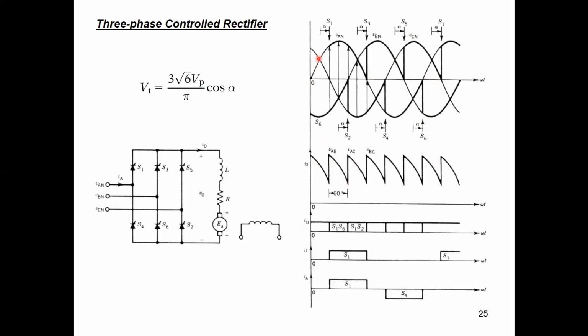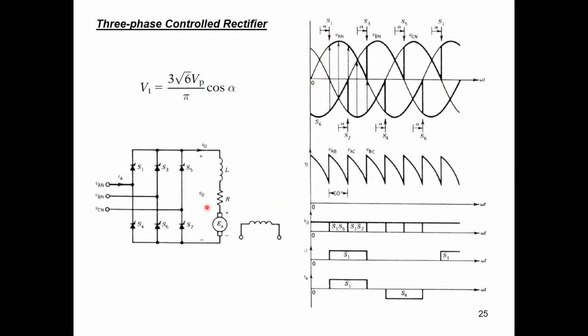So if we fire S1 at this instant, it means alpha equals 30 degrees. So this point is the reference of the firing angle in this converter.